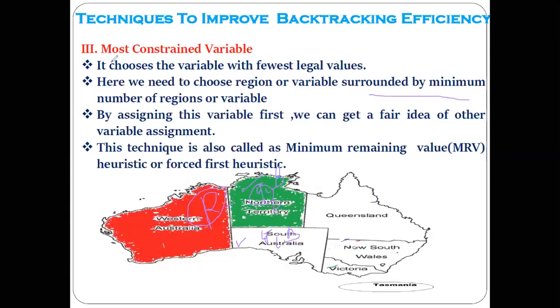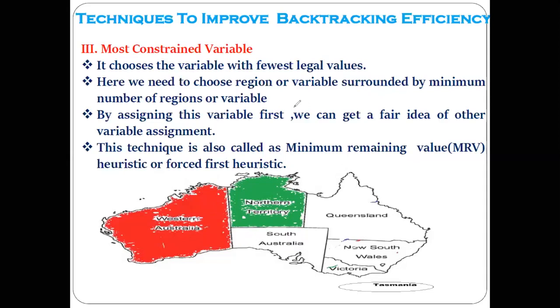Okay. So this is nothing but the third technique, most constrained variable. Now there is a major difference between the most constraining and the most constrained. In the most constraining, which variable are we selecting? The variable surrounded by the maximum number of variables.